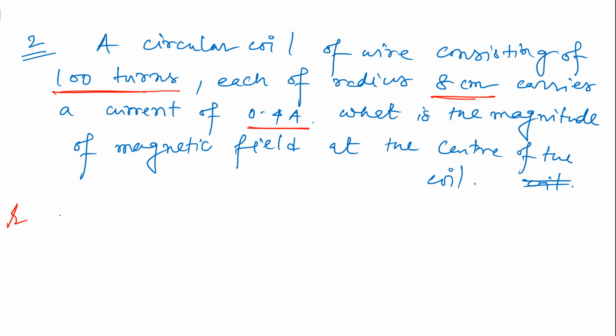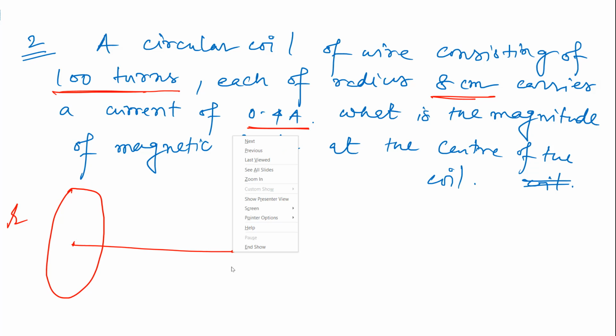Remember, for the case of a circular coil, I am talking about this diagram. For this case, we just found the magnetic field on the axis of it, right? At this point, we are able to find the magnetic field.